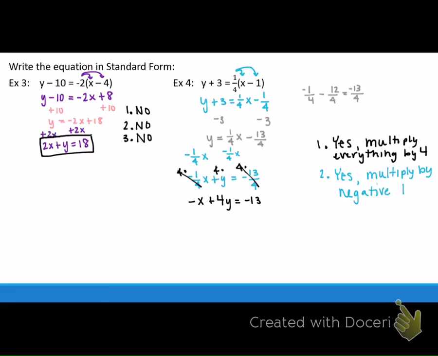So you said multiply, the same thing as dividing. So that's x minus 4y equals 13. And then finally, Jill, are there any common factors in 1, 4, and 13? No. All right.